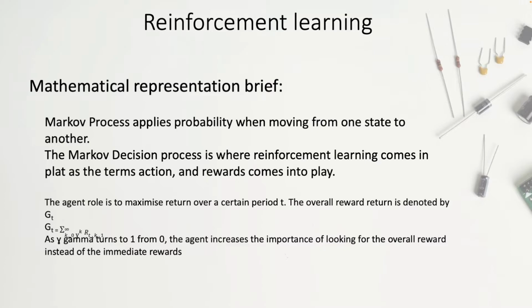The overall reward return is denoted by GT. So to maximize the overall reward, we change gamma from 1 to 0. So the agent increases the importance of looking for the overall reward instead of immediate rewards.